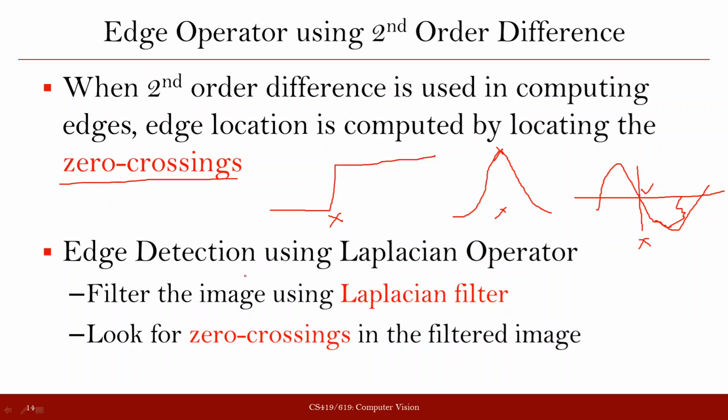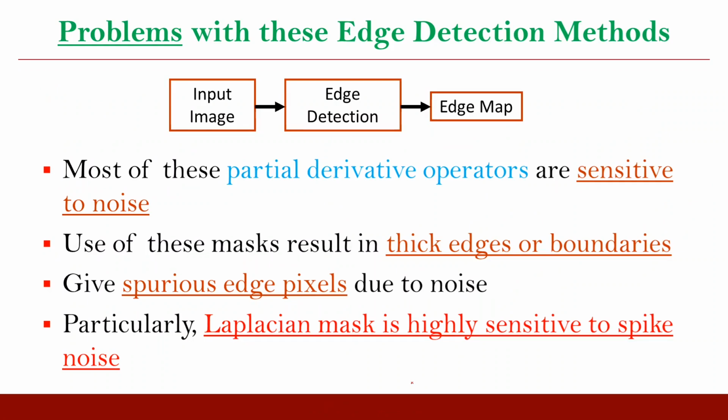So to detect the edges using the Laplacian operator, we first apply the Laplacian operator on the image, and then look for the places where you have 0 values, or more precisely, 0 crossings.